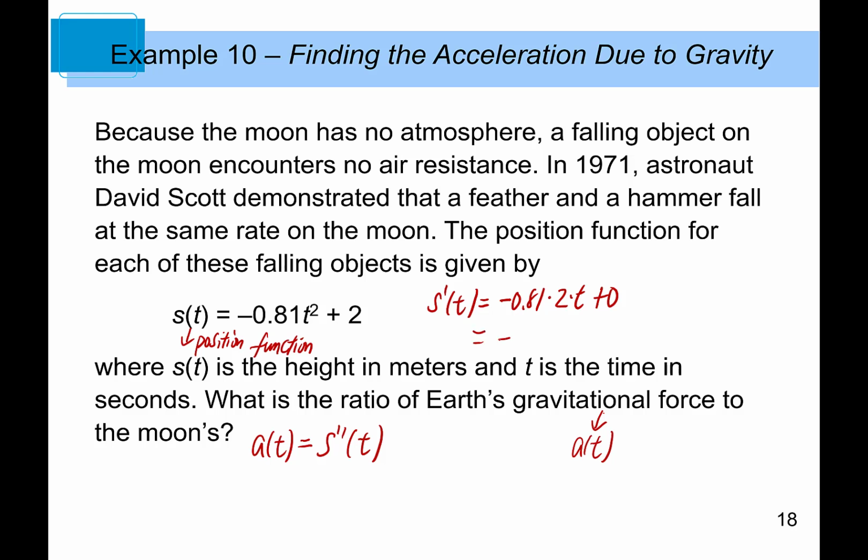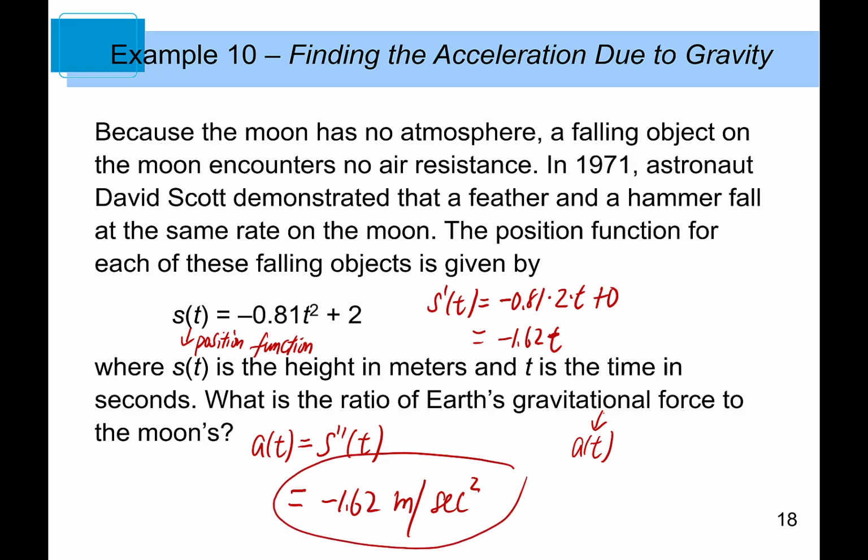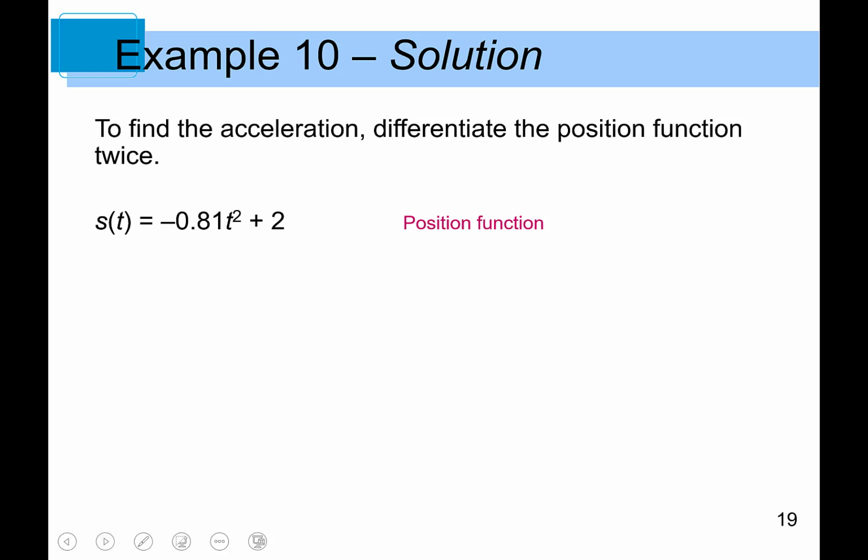So we end up with negative 1.62 t. Then s double prime of t will be negative 1.62, and this is in meters per second squared. Okay, so that's our gravitational force on the moon, which is the acceleration function.